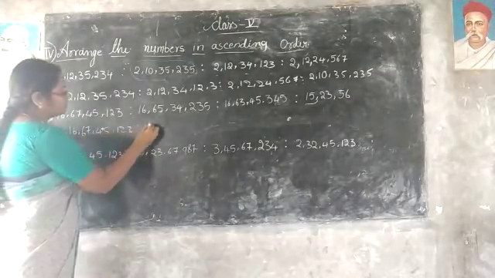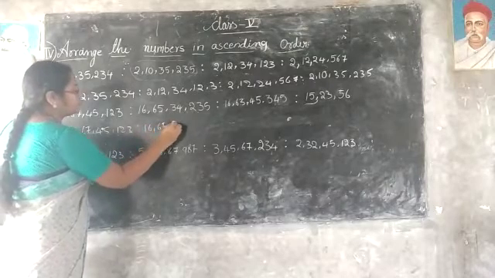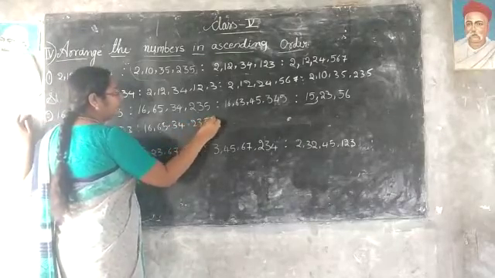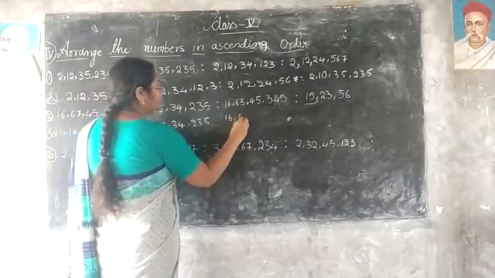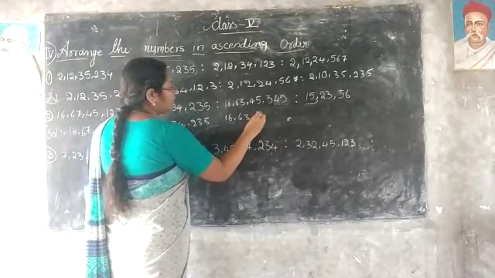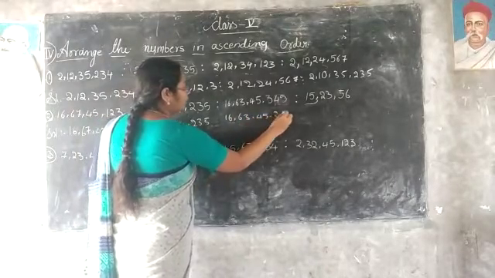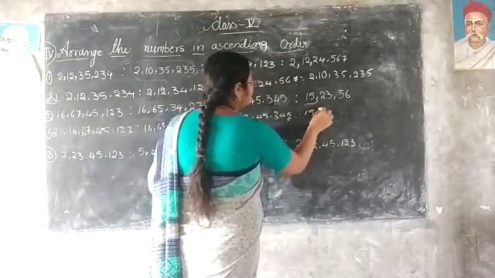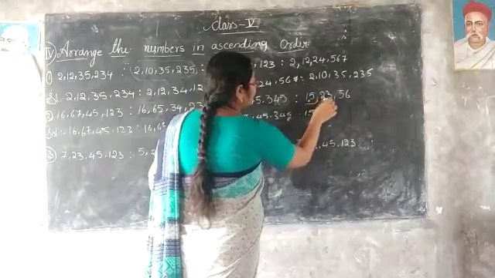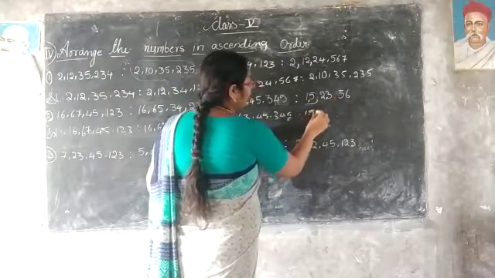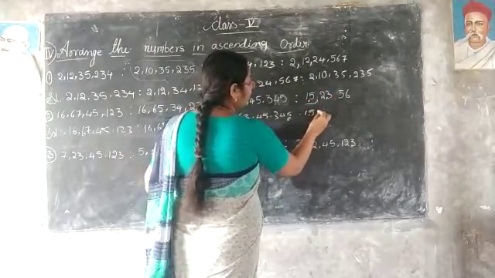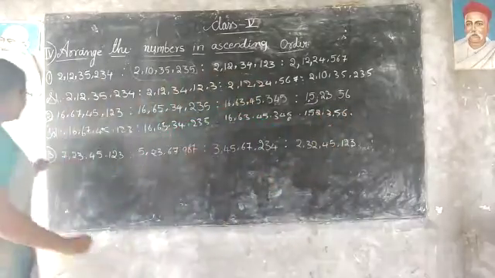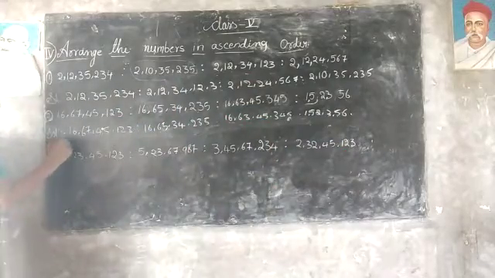As usual, next one, 16 crores 65 lakhs 34,235. 16 crores 63 lakhs 45,345. And 15 crores 1 lakh 52,356. Okay, this one you will note in your homeworks.